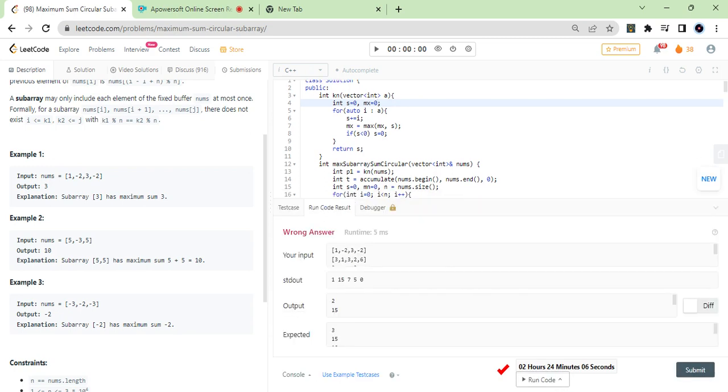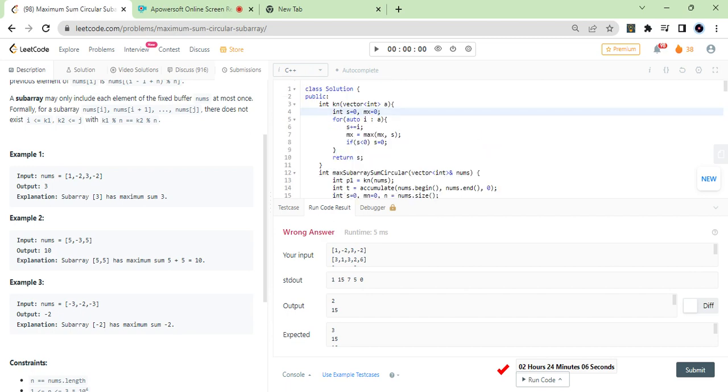How is Kadane not giving me the correct answer? And for auto i in nums, s plus is equal to i.